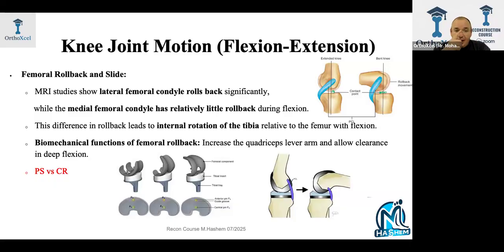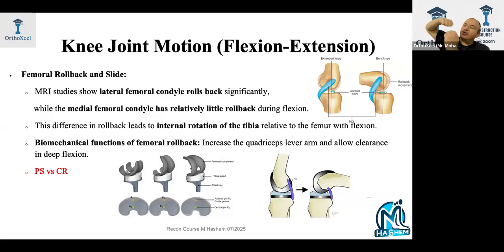The femoral rollback: if we understand that the point of contact between femur and tibia is running posterior more on the lateral than the medial, it means the femur is moving back on the lateral side more than the medial side. By definition this means the tibia is rotating in. So you will understand that with flexion your tibia rotates in, with extension your tibia rotates out.